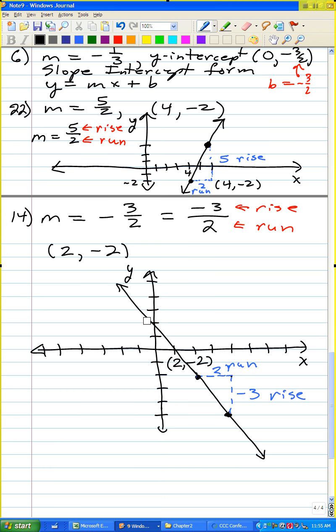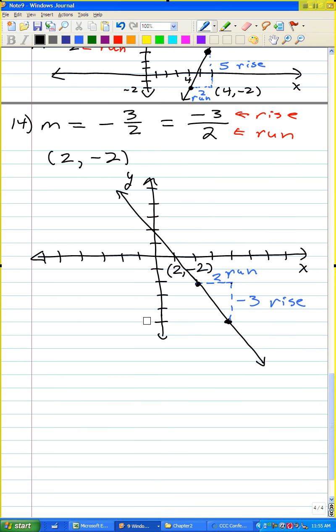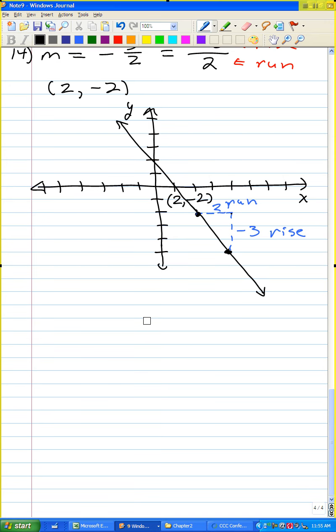Let me do problem number 12. And so let's say that we go through the point 2, 4, and I have a slope of 2. Well, you may have noticed, in this case, when dealing with slopes, it's actually easier to deal with fractions because we have a rise over a run.